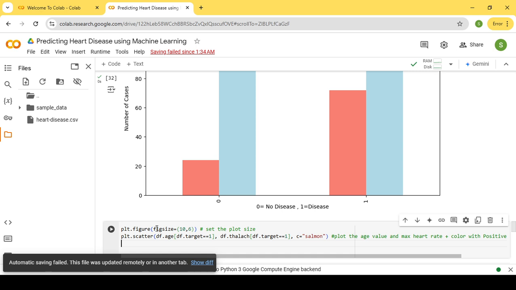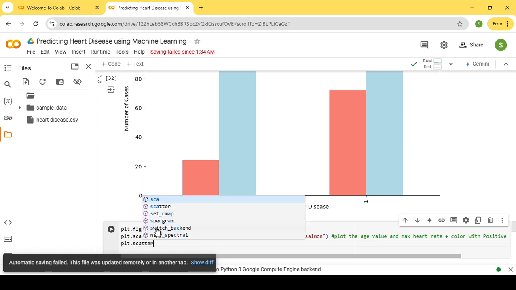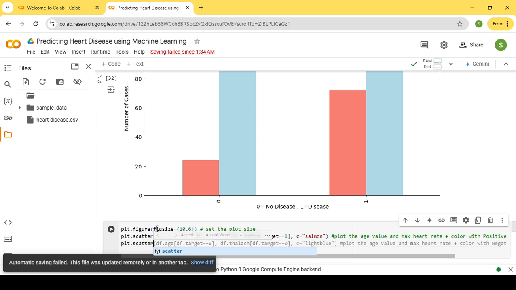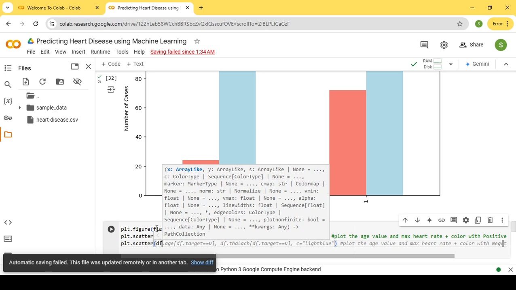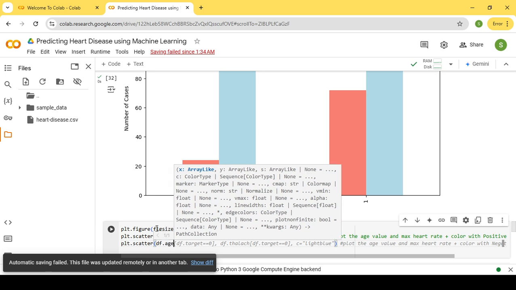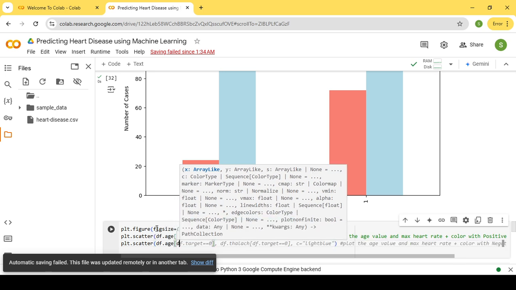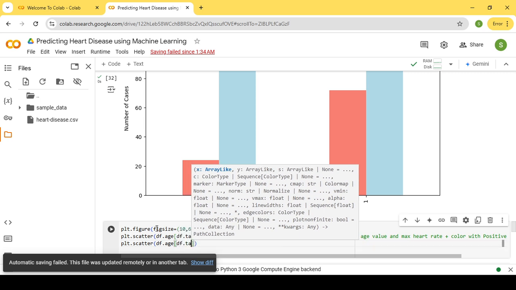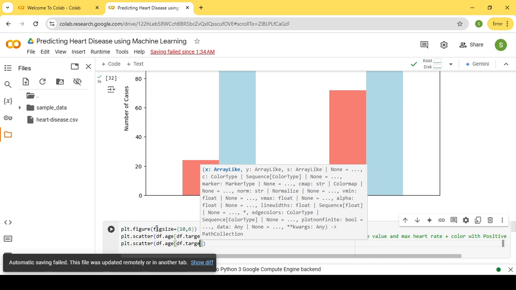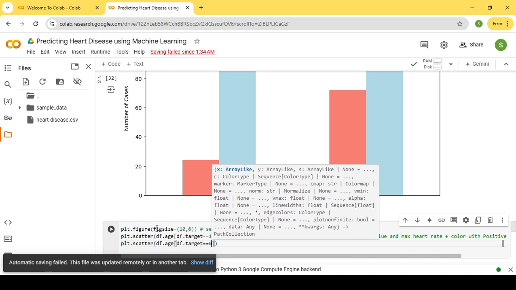Now let's also do the same thing, but for the negative examples. So plt scatter again, and we'll use the same data frame, df.age by the data frame target equal to 0.